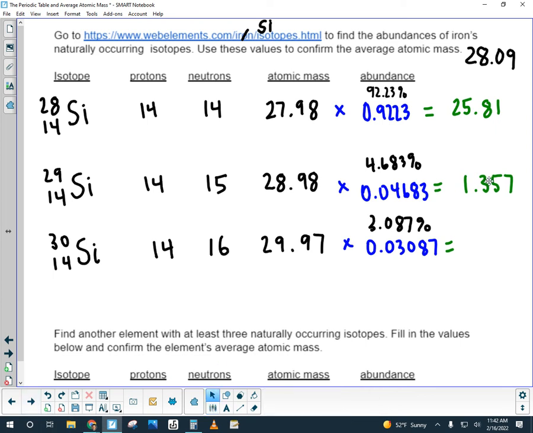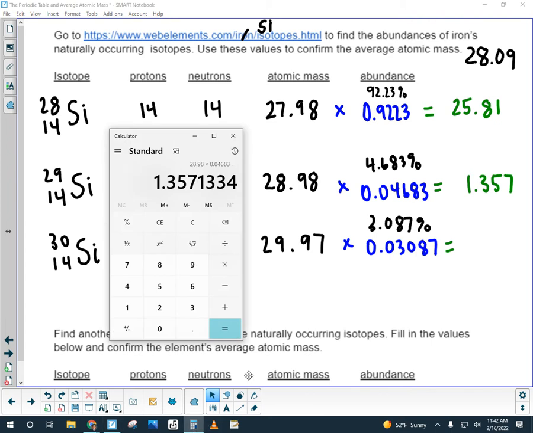We should shift that a little bit. And then my last one, 29.97 is the mass times the abundance as a decimal, 0.03087. I'm going to record this one as 0.9252. I'll round up at that spot.